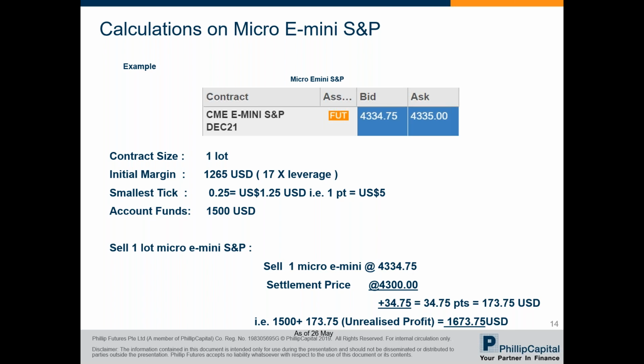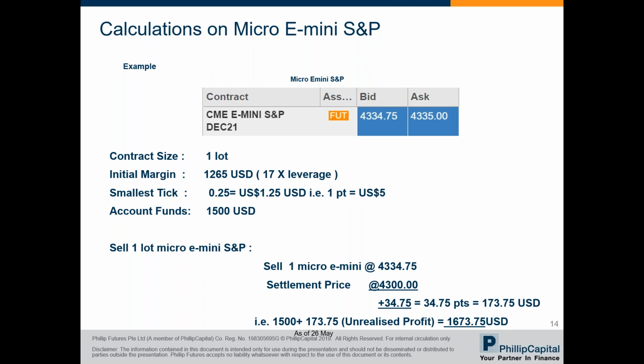This is actually unrealized profit. This is unrealized because you have not actually closed out the position, but just based on the settlement price, which is mark to market. So in your account, you have 1,500 plus 173.75 unrealized profit, giving you 1,673.75 US dollars. This could change the next day or the next hour if the market goes against you, until you actually exit the position at the executed price.